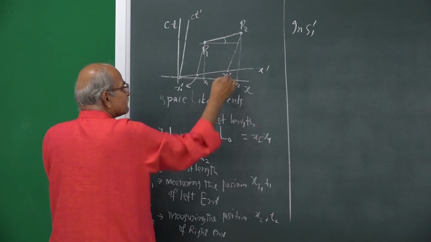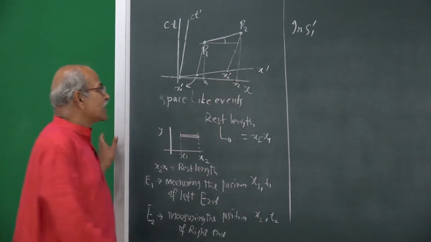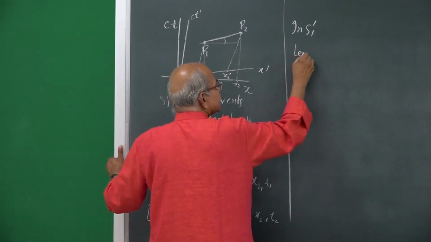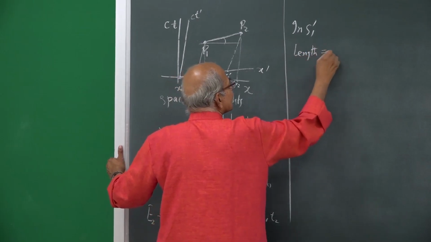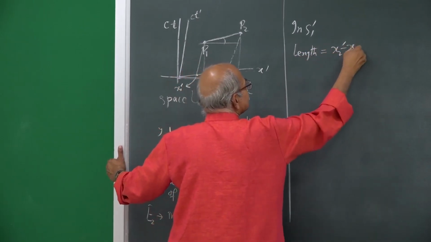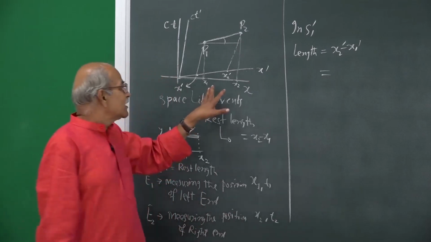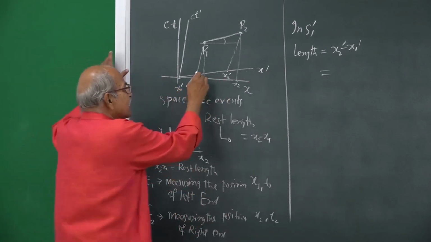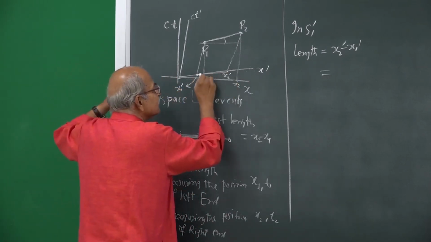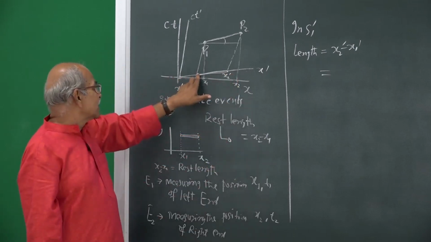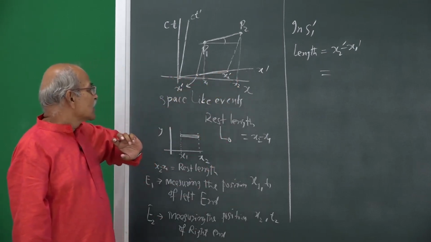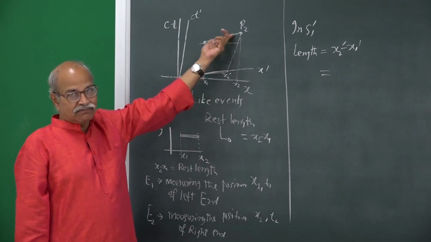This is x2 prime, and the length is equal to x2 prime minus x1 prime. In this scale, x2 prime minus x1 prime is this length, this is x1 prime and this is x2 prime, and this is the same as p1 p2, right.